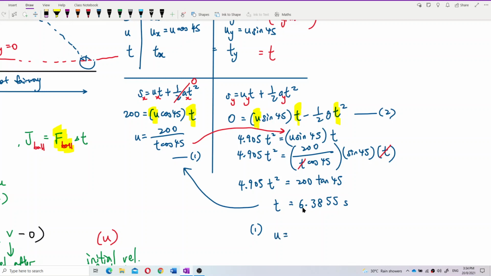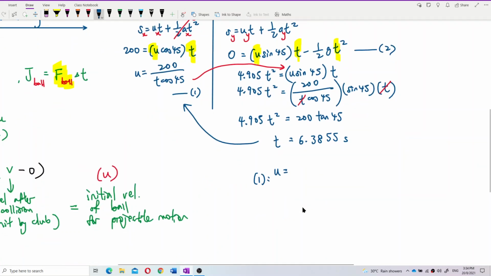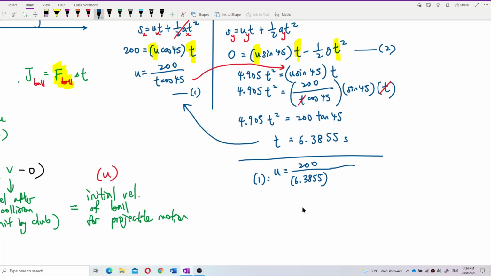So look back to equation 1: 200 over the time, 6.3855, cos 45. So what is our u? Let's calculate.